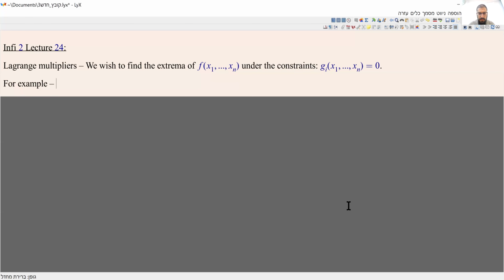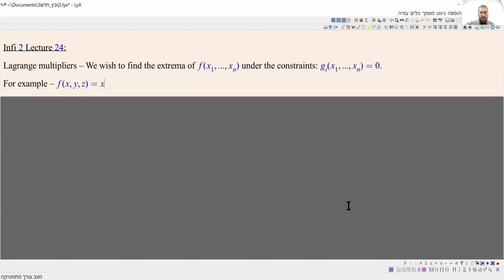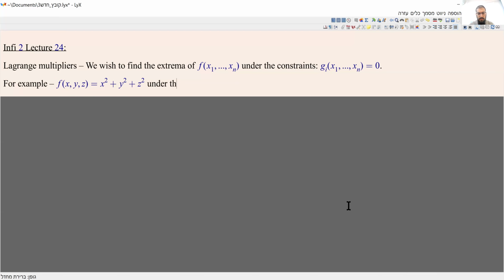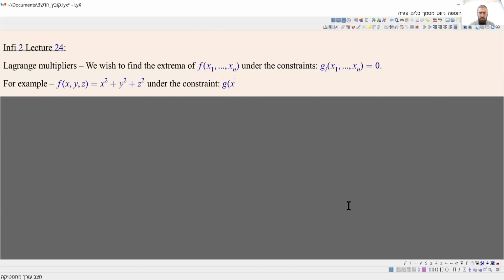For example, f of x, y, z is x squared plus y squared plus z squared under the constraint. It's just one.